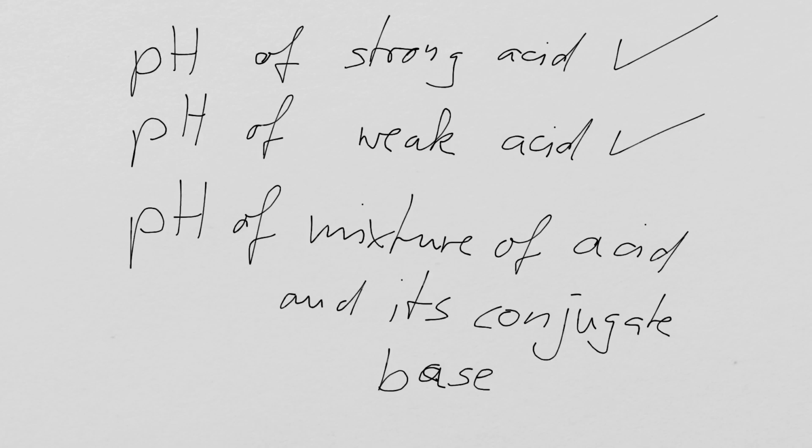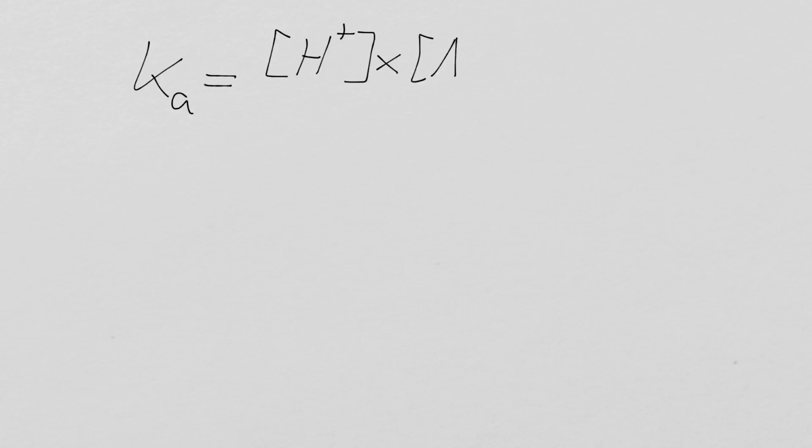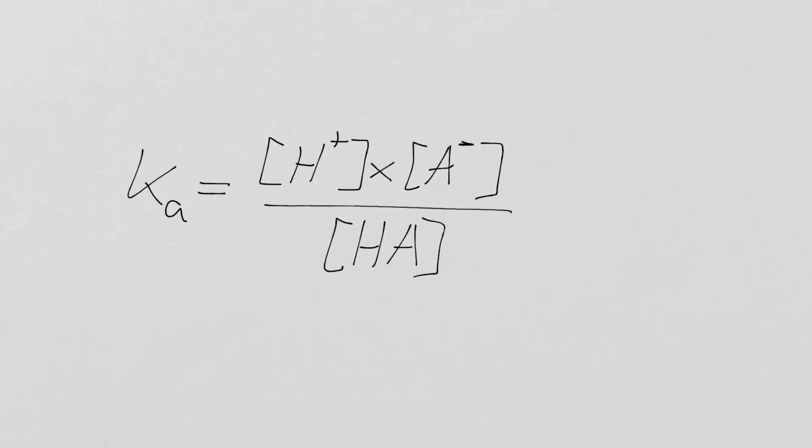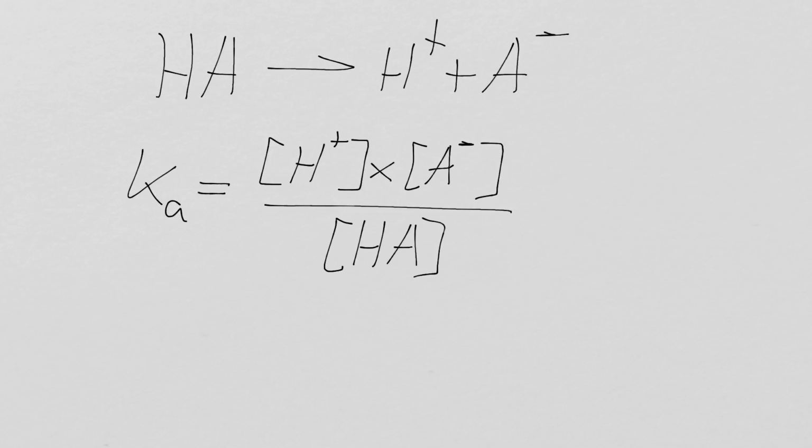Okay, let's go back to our dissociation equilibrium. So we said we have Ka equals H plus times A minus divided by HA. This is when our acid dissociates into H plus plus A minus.